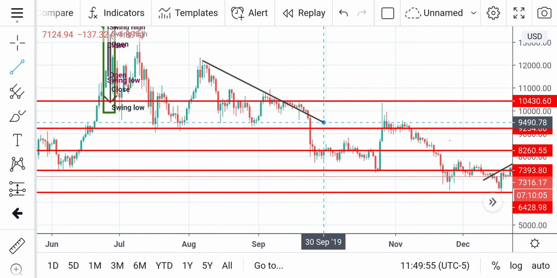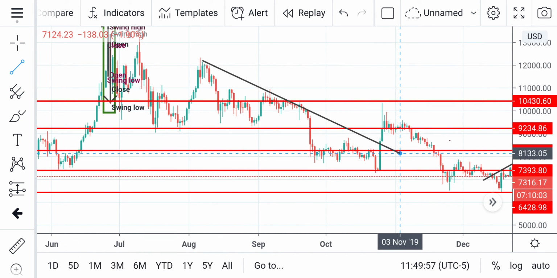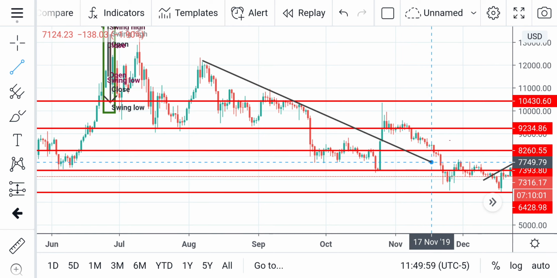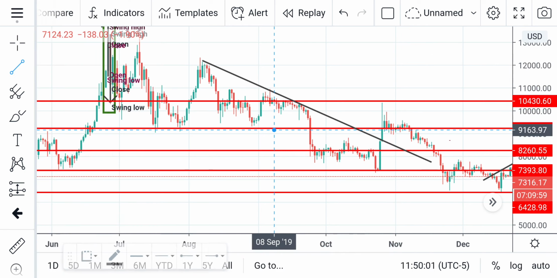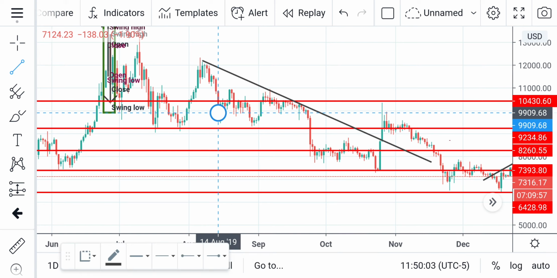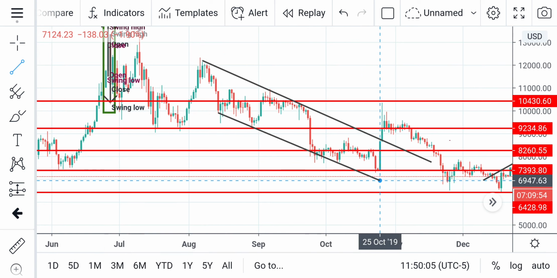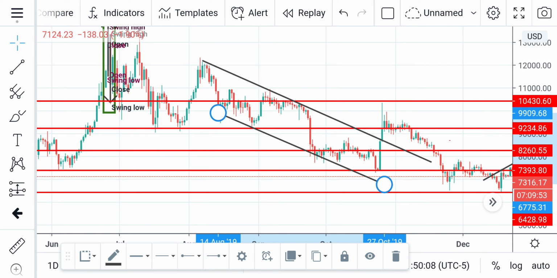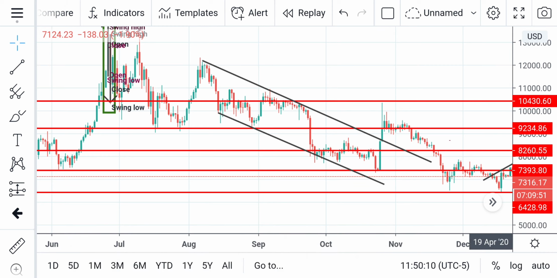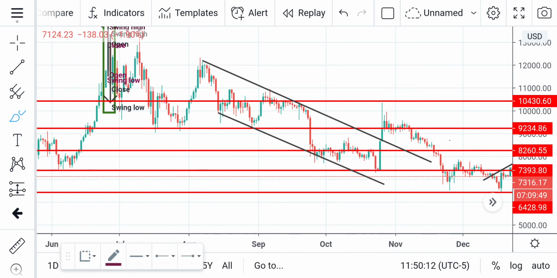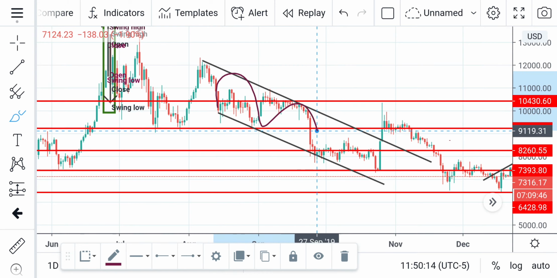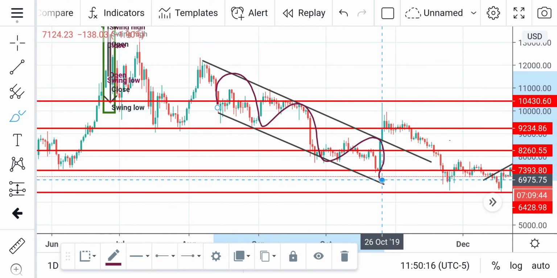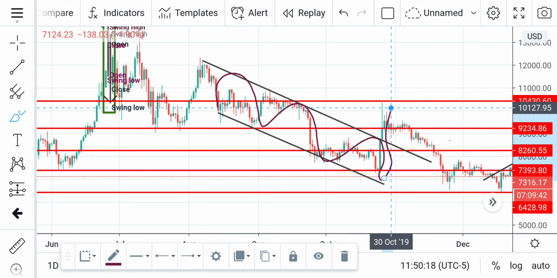This is a downtrend. This is a downtrending channel. You see it. So price was moving through the downtrending channel like this, till it finally breaks out.